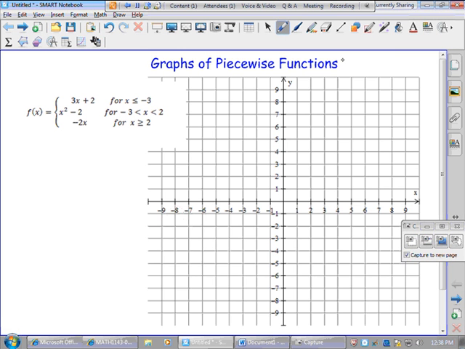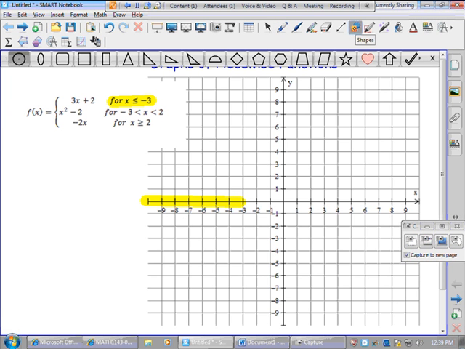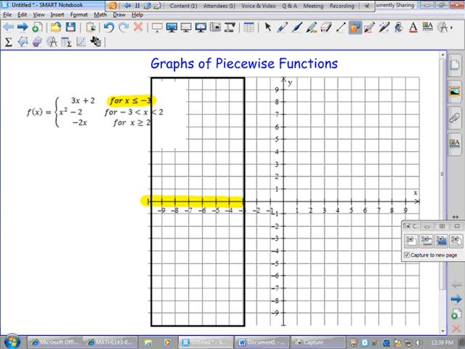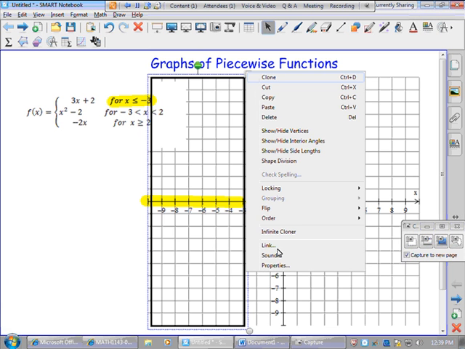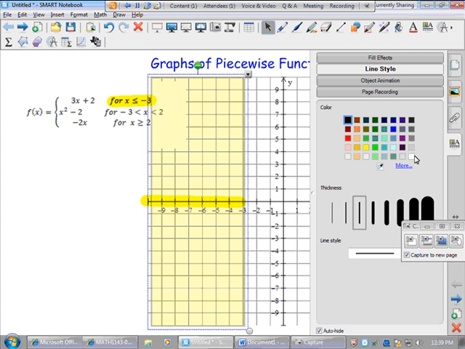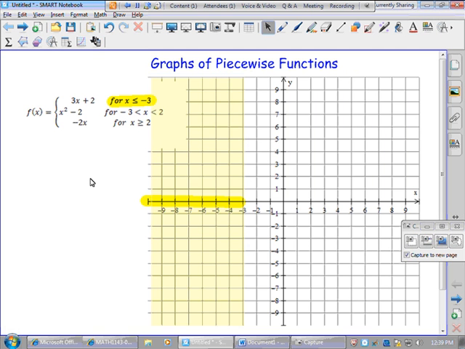One region is x is less than or equal to -3. So that's all the x's that are right here. I'm going to highlight this so that it shows up like that.